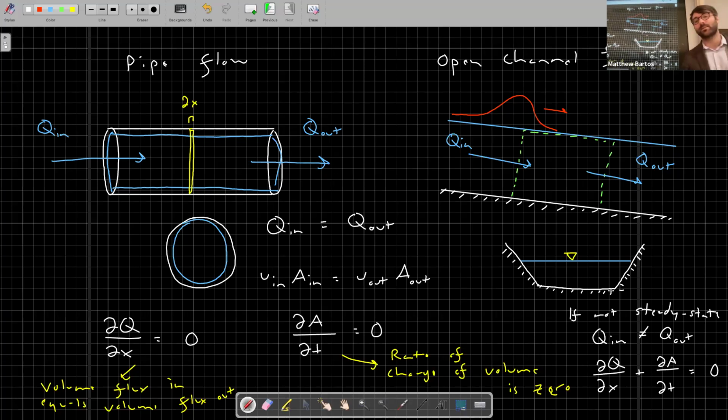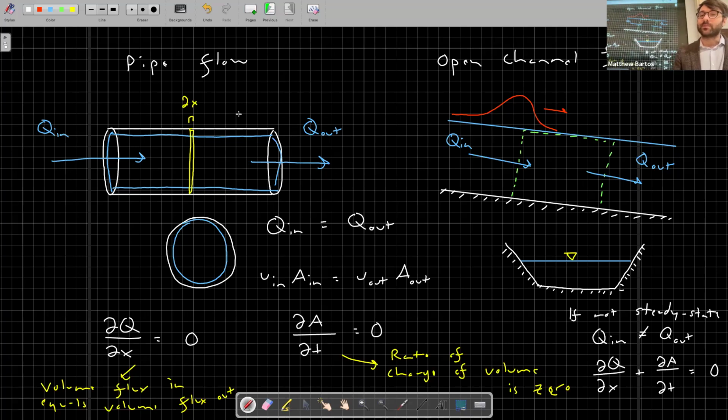So what does this equation mean in plain English? Yes, the rate of change of volume within your control volume is equal to the flow in minus the flow out. That's the more general expression for conservation of mass for open channel systems. That is the case if you're not working under steady state conditions. So remember that fact.